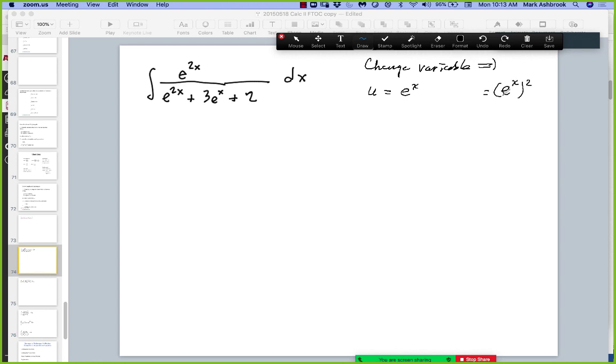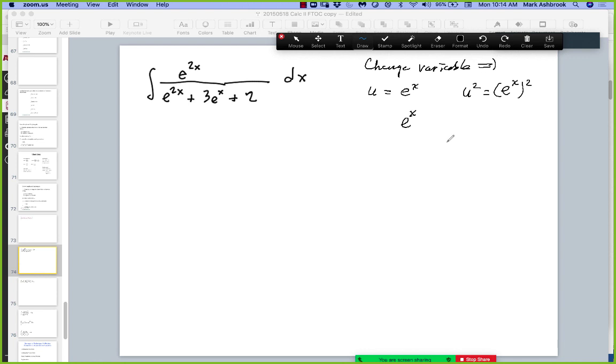That'd be u squared. So now we know what e to the 2x is. We know what e to the x is. The last thing we need is dx. So what we can do is take the rate of change. What is the rate of change of e to the x?